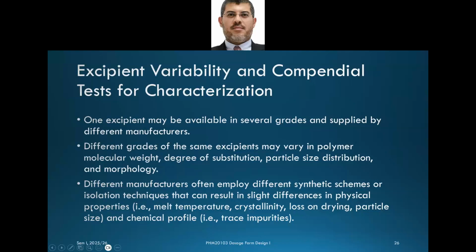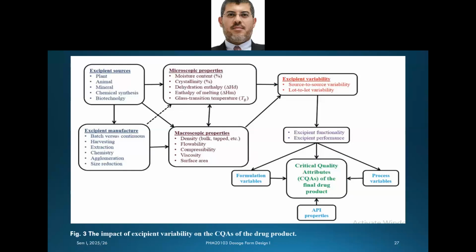We test impurities as well, because some impurities are toxic, so this is for safety. Examples are identification, assay, pH, loss on drying, heavy metals, microbial limits. And the focus here is general quality assurance, applied broadly across different substance types.